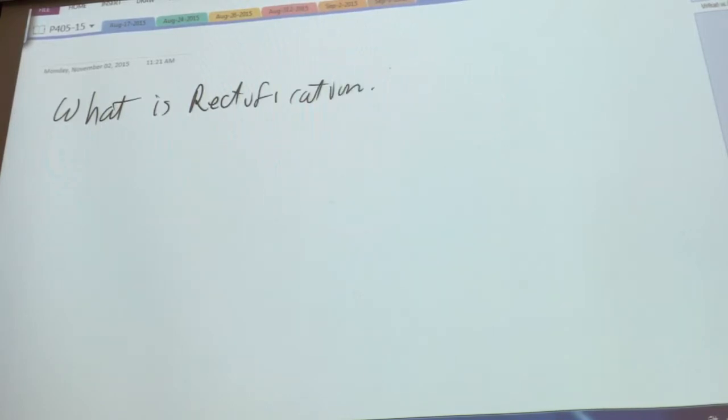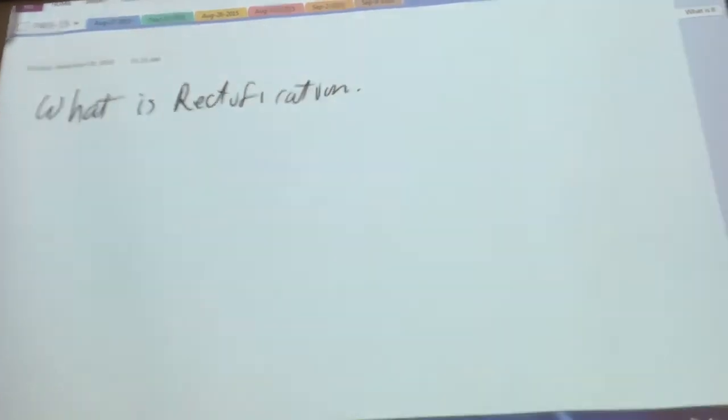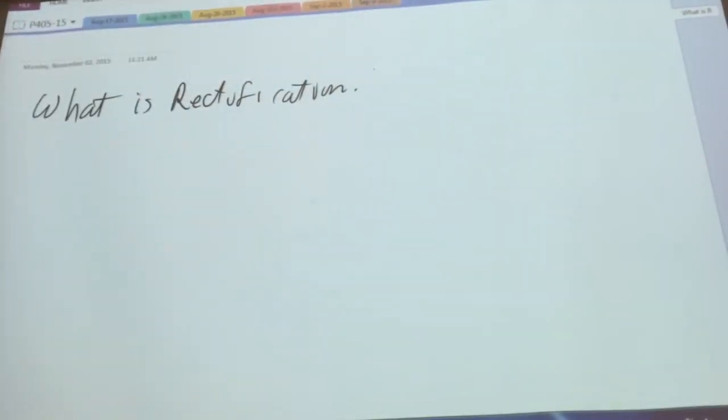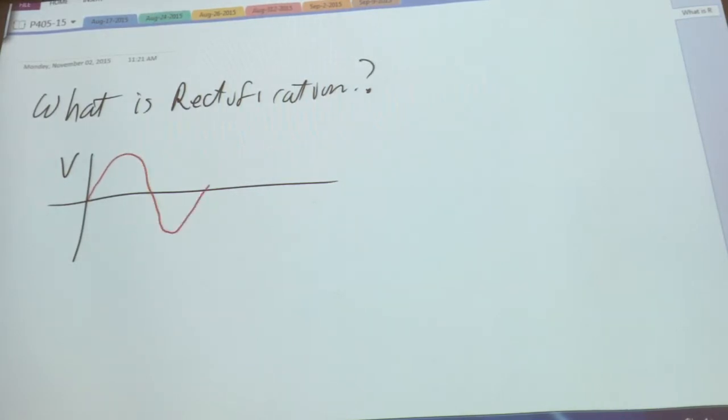What is rectification? If we start off with the question, well, what is rectification? You're thinking of a voltage versus time graph, aren't you?